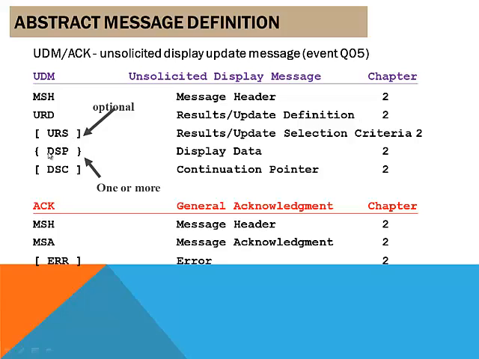This one is optional. So the square bracket means optional. The curly bracket means one or more of the things inside.